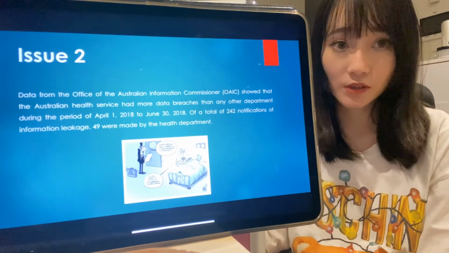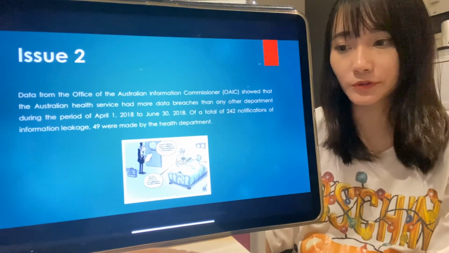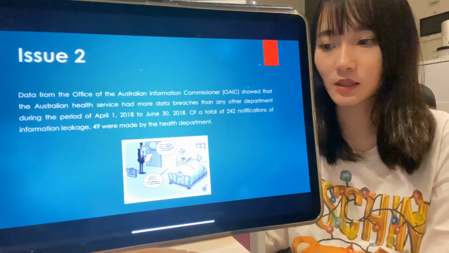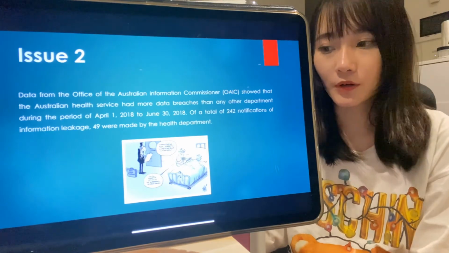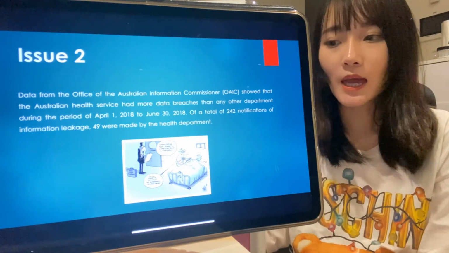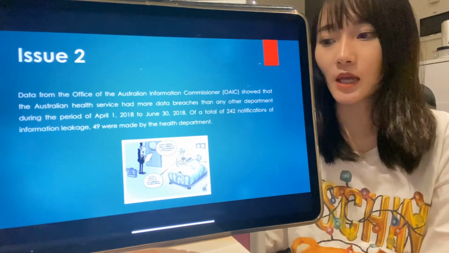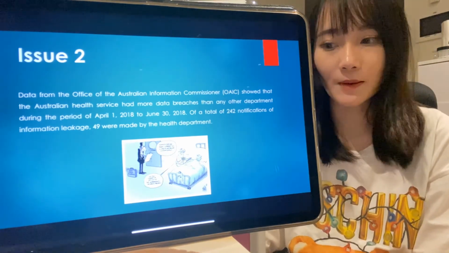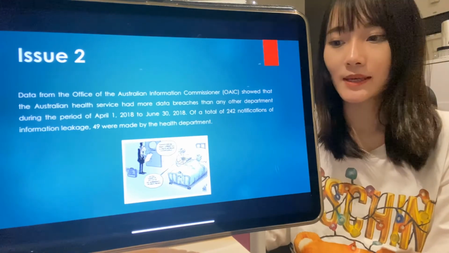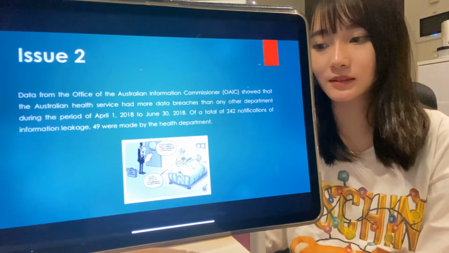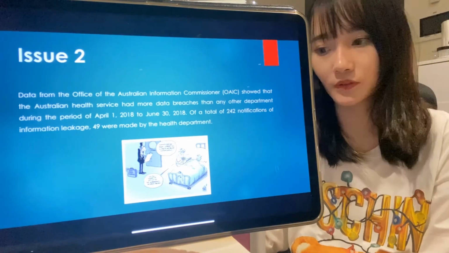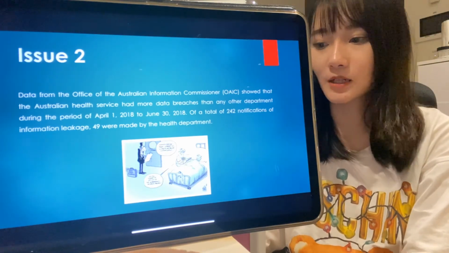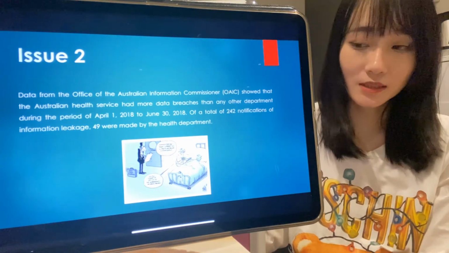Hello, I'm Wen Qichui. Today I will talk about issue 2. The second issue that our group will elaborate on is to critique the current level of responsibility and the roles of government and individual organizations when a major data breach happens in Australia. Here I will provide a specific case of information leakage in Australia and make a comprehensive analysis of it.